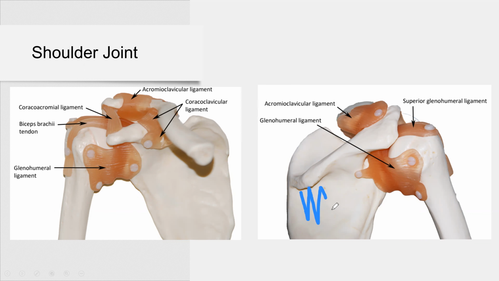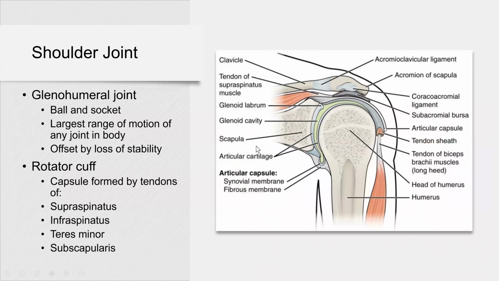Below the spine will be the infraspinatus muscle. And this is the anterior view of the scapula, so the muscle located here will be the subscapularis. All right, let's go back. Now the tendons of these muscles form a capsule.